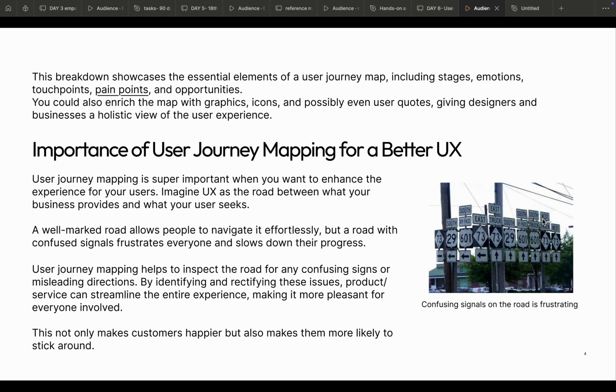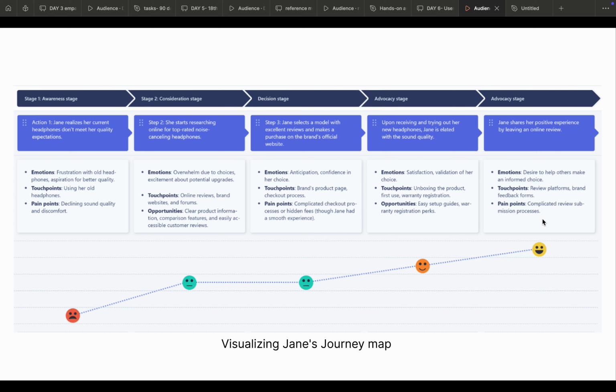So here in the breakpoints, the elements in the user journey map are the stages: the awareness stage, where she'll be realizing, and then she'll consider the options, then she'll move to the decision stage, whether to purchase or not, and then after purchase, what happens.